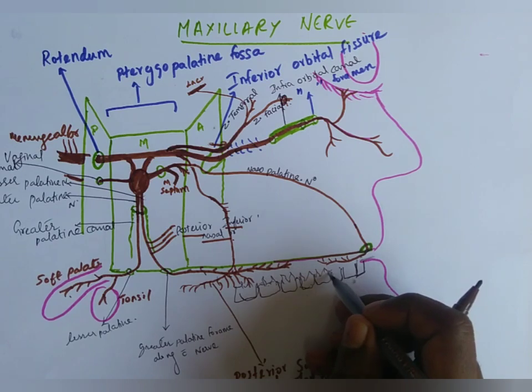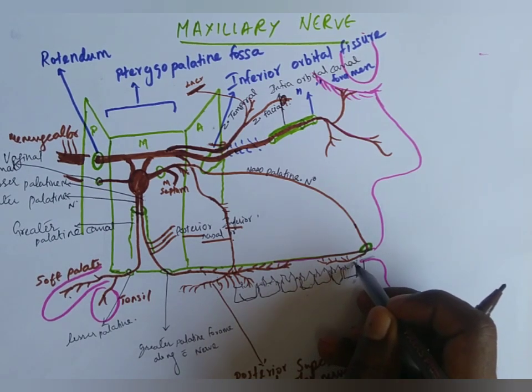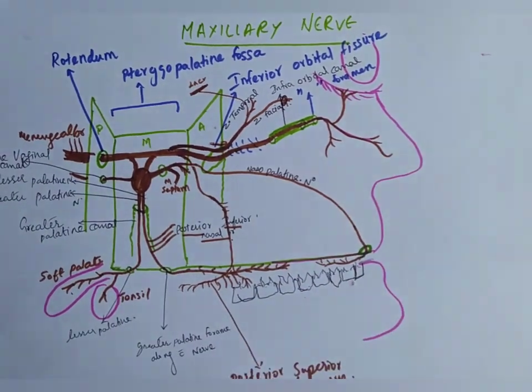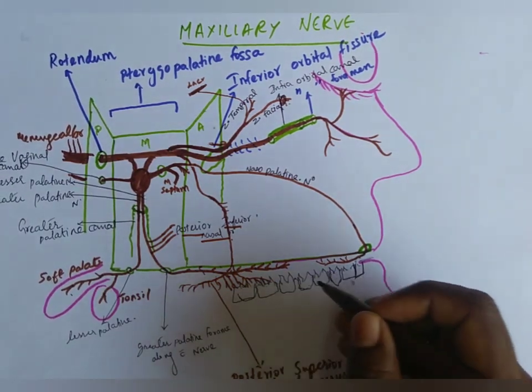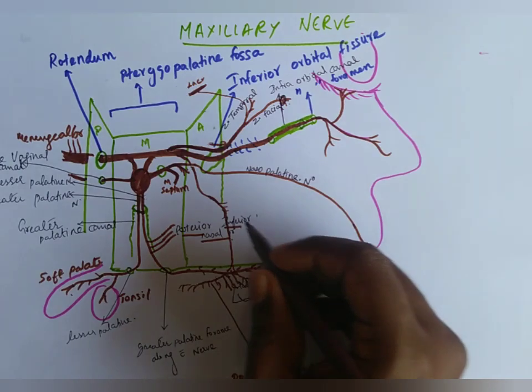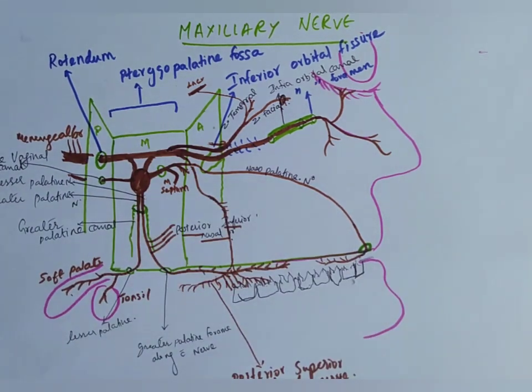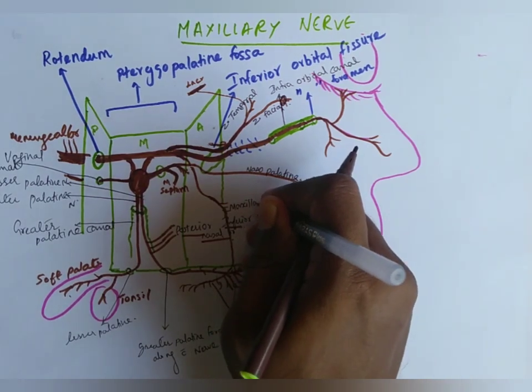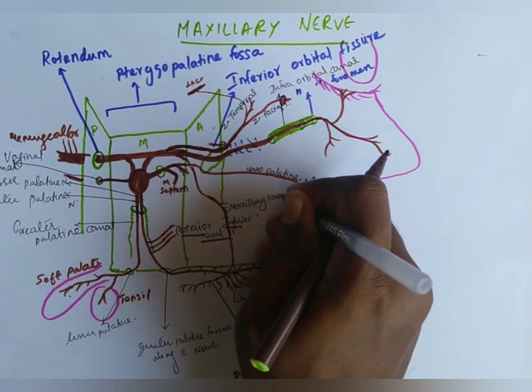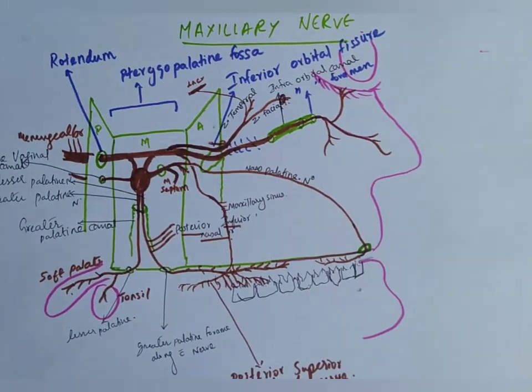These are the roots of the teeth. These are the branches which are supplying the molar teeth, and these branches are supplying the maxillary sinus: the branch to the maxillary sinus.